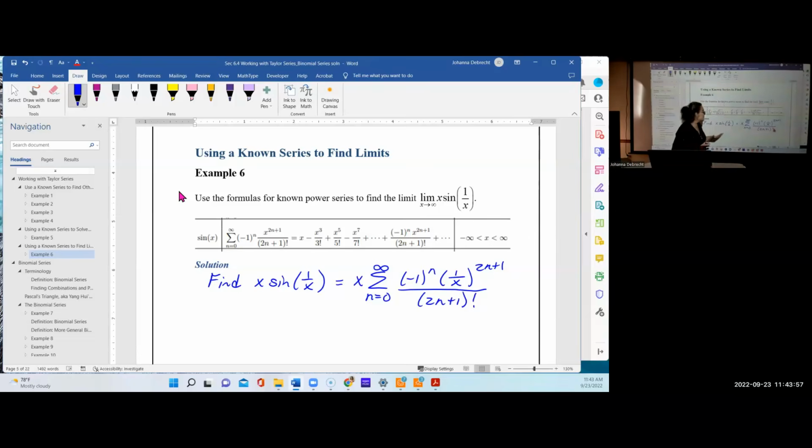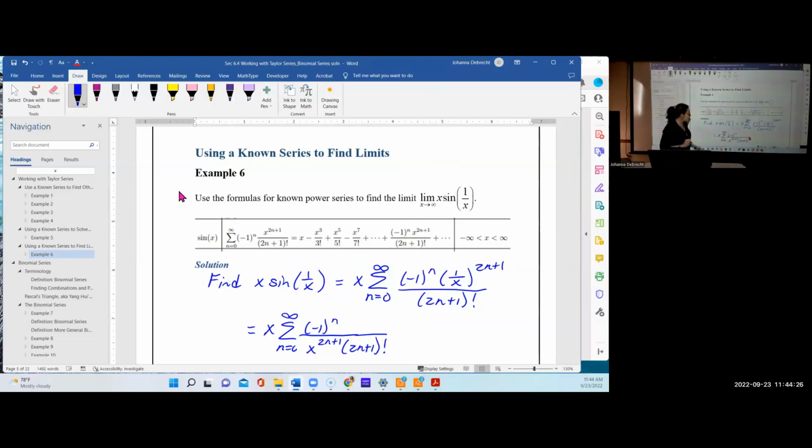Now, 1 to a finite power is just 1. So 1 to the 2n plus 1, which is finite, becomes 1, and this becomes x to the 2n plus 1 in the denominator. So this gives me x times the series, -1 to the n, divided by x to the 2n plus 1 times the quantity 2n plus 1 factorial, right?